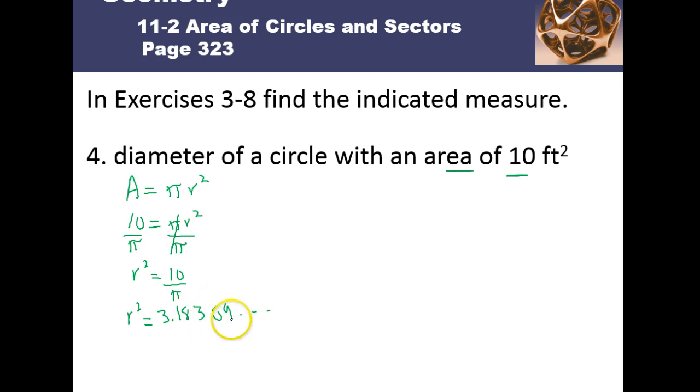I'm going to leave that number on my calculator and not hit clear. Now I have to get r by itself, so how do I undo a square? Yes, I take the square root. Leaving this number on my calculator so I don't have to retype anything, I'm going to hit the yellow second button and then the square root button, which is right above the log button.